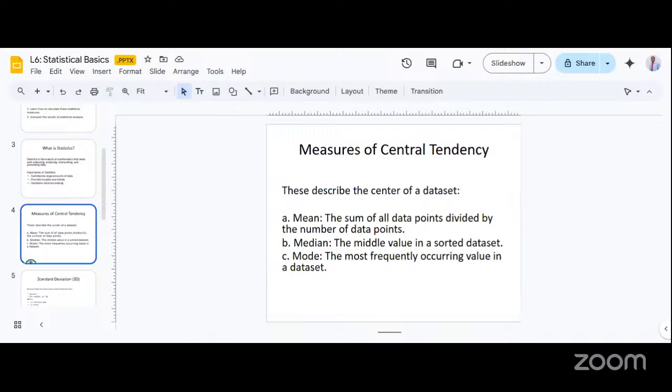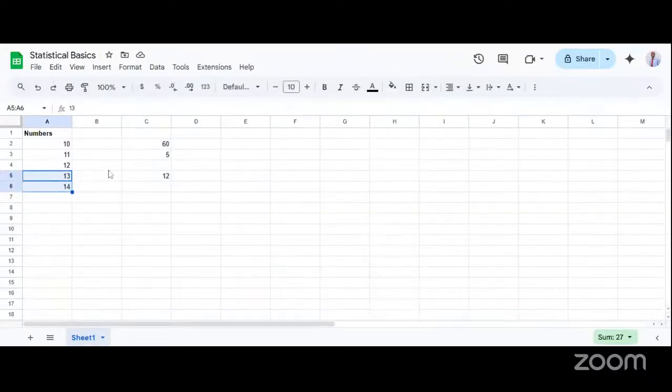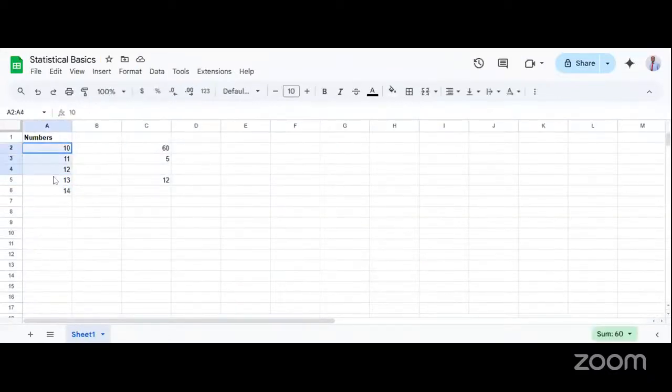What does this mean? This range of numbers is already sorted. Sorted means it's arranged either alphabetically, or in descending order, or in ascending order. Ascending order is from lowest to highest, from smallest to biggest. Descending order is vice versa.